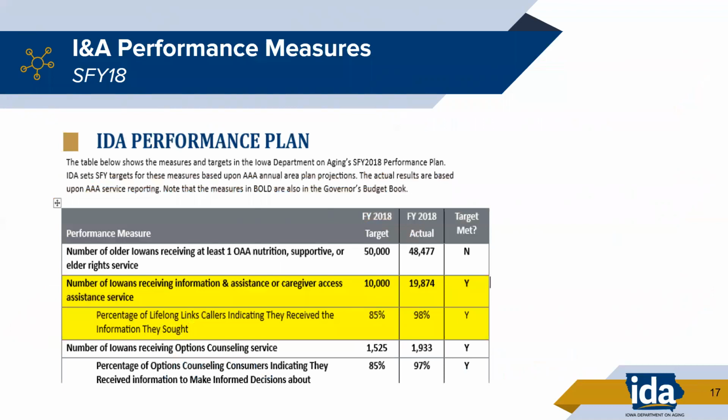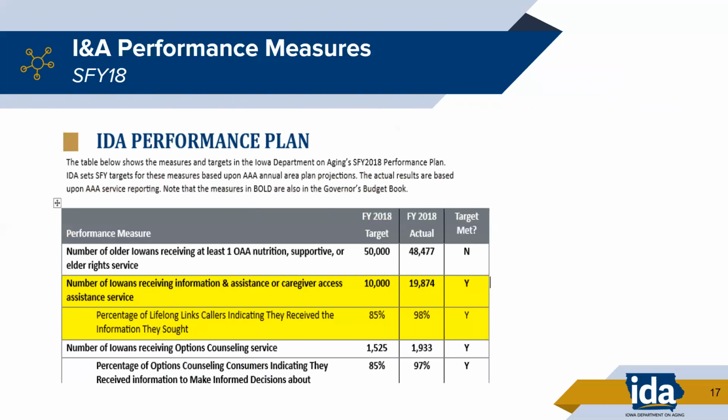This next slide, I'll talk a little bit about how the information that you collect related to the services is used. Area plan service data, including all information that you collect, is utilized in various ways. Notably, it is used to report performance data to the Department, in our annual performance report, to the legislature, the governor's office, and the federal Administration for Community Living.